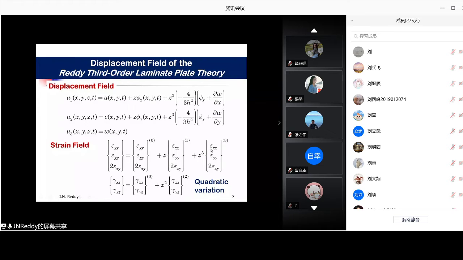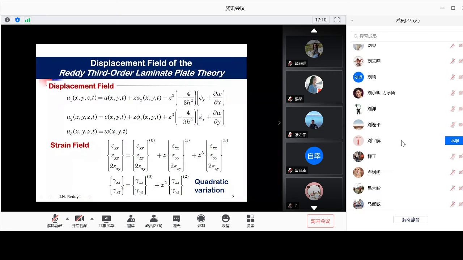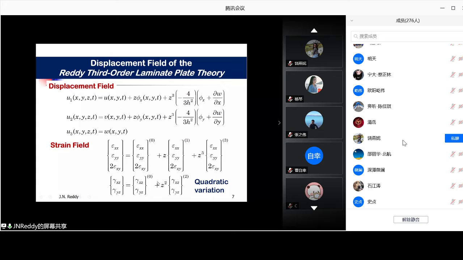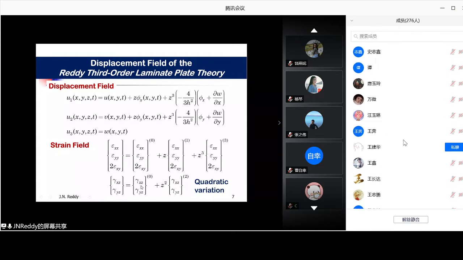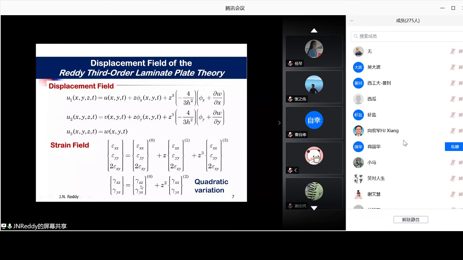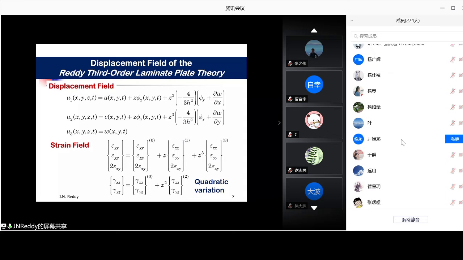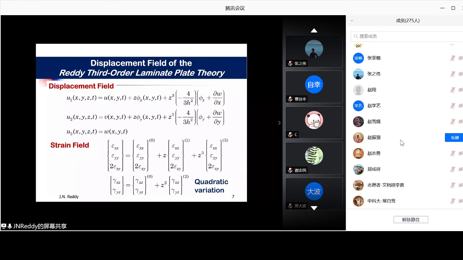And then the quadratic variation of the shear strains. And this is very nice, because before in the first order theory we had only this part constant, and we required shear correction factors because we know the shear stress is not constant, especially in composites.